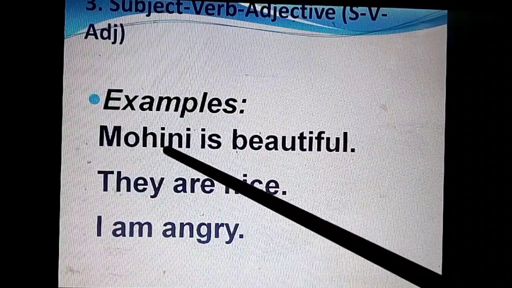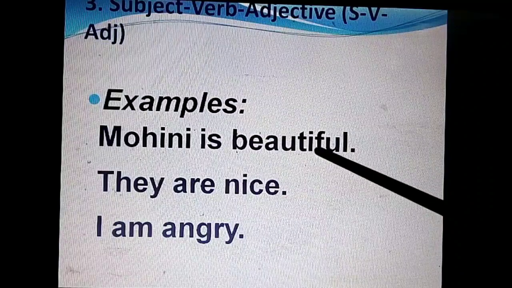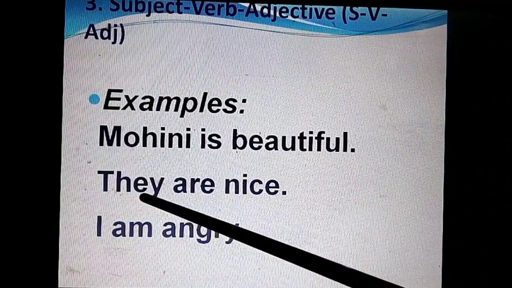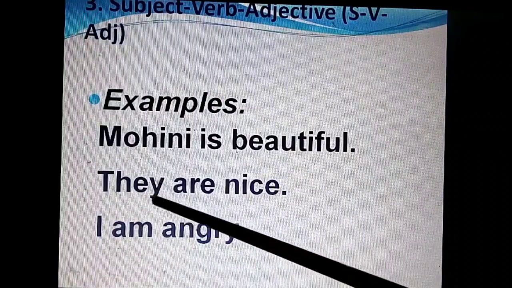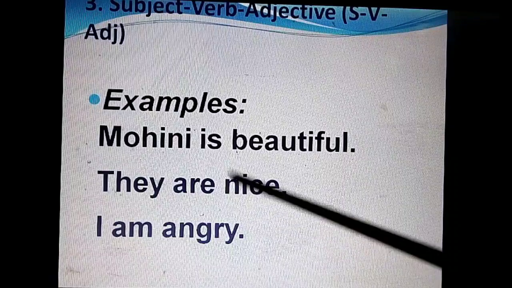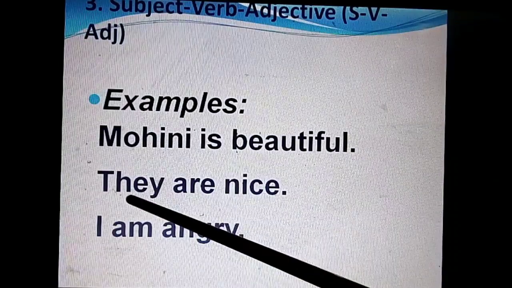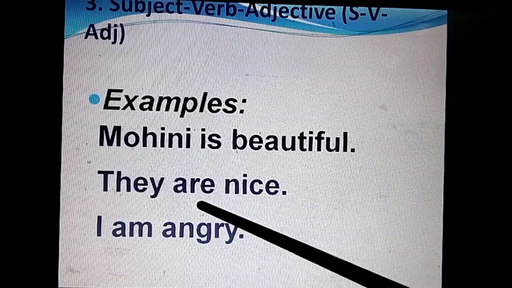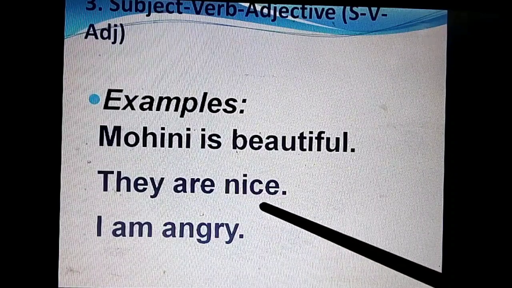So Mohini subject, is verb, and beautiful adjective. Similarly here, they are nice. They are nice. They pronoun, and it is also the subject here, are verb, finite verb, nice adjective.